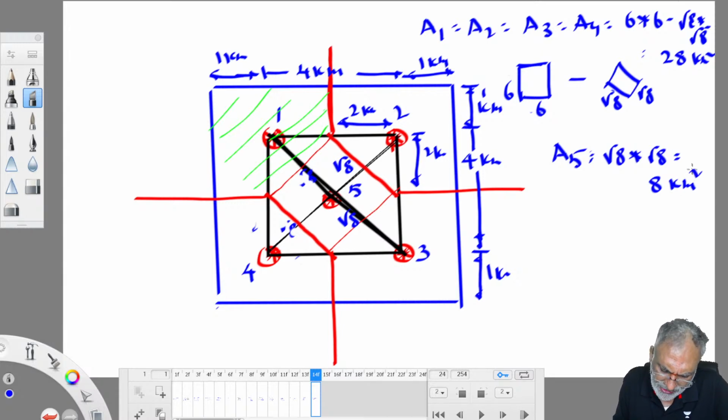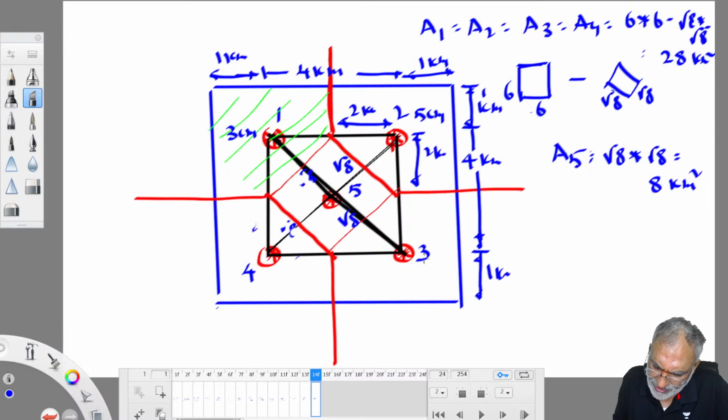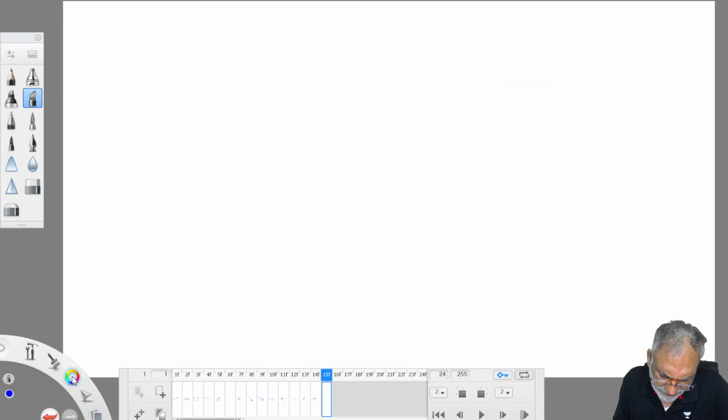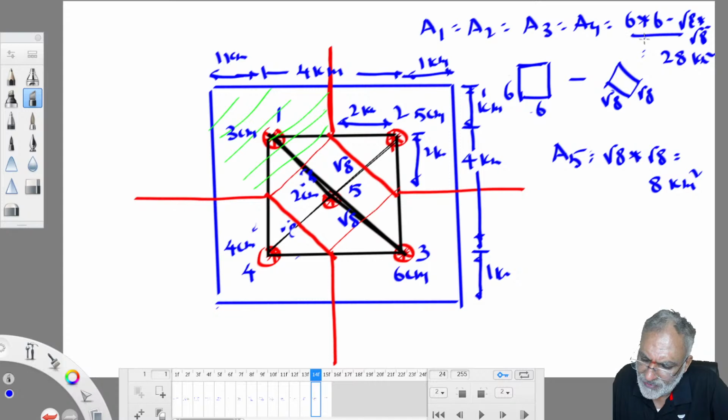P1 is given: the rainfall recorded here is 6 centimeters, at station 3 it is 6 centimeters, here it is 4 centimeters, and here it is 2 centimeters. Therefore, P bar is equal to P1A1 plus P2A2 plus P3A3 plus P4A4 plus P5A5, divided by total area.